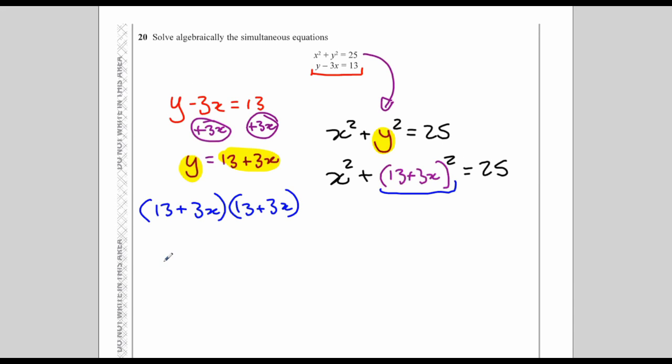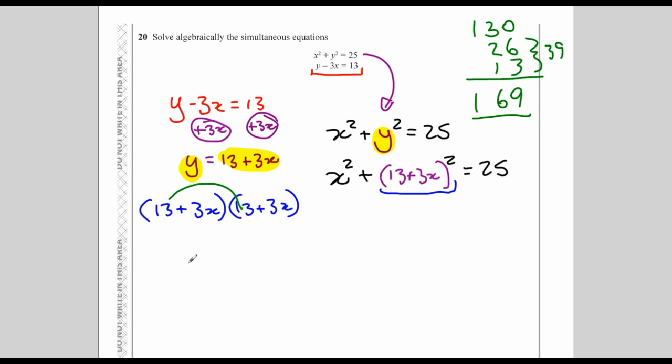And multiplying out, 13 times 13, tricky one. 10 times 13, 130. 2 times 13, 26. 1 times 13, 13, or you could have done this as 39. Gives you altogether 169. Okay.